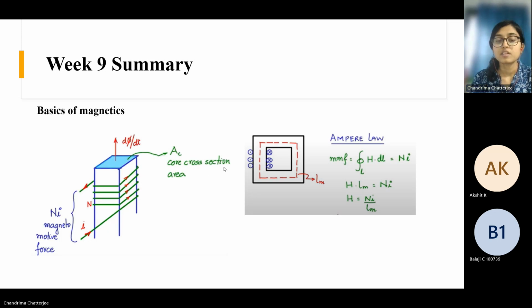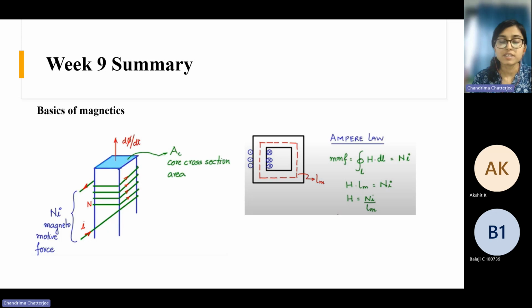If you take any magnetic component, say inductor or transformer, there are mainly two parts. One is called the core and the other part is called the winding.